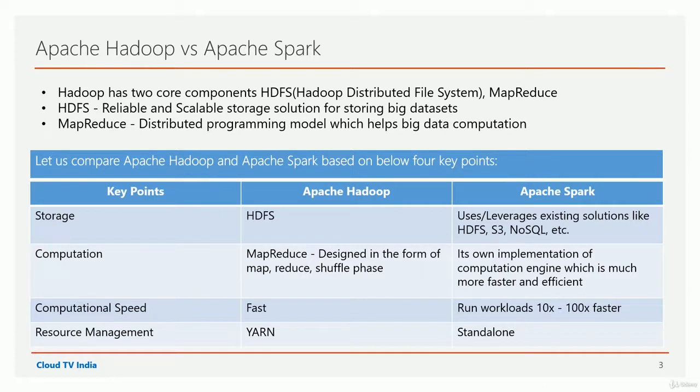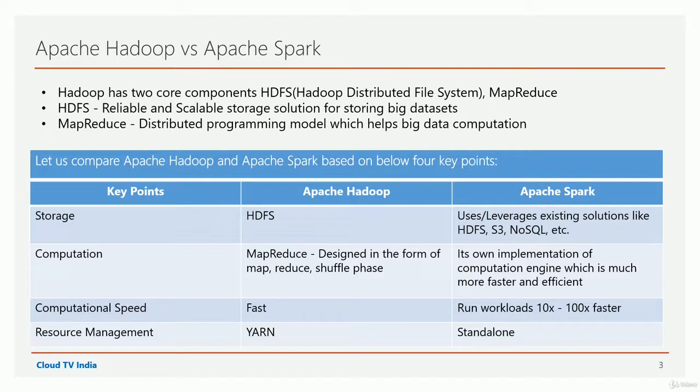So they came up with a new computation framework called Apache Spark, and using that they were able to do the workload in a faster manner. We'll see how they achieve this in the coming slides.